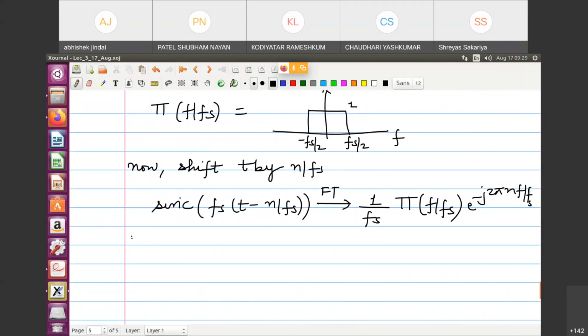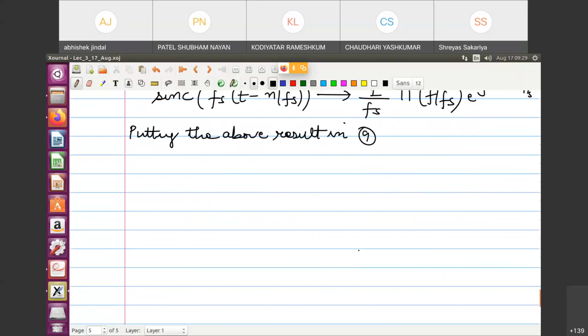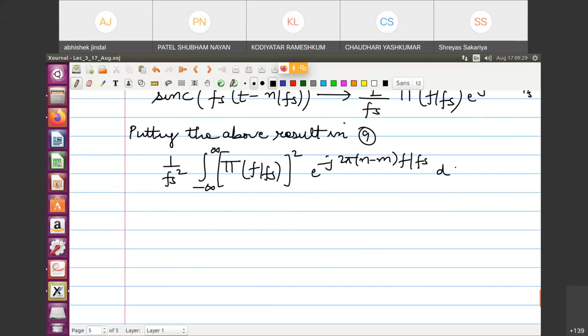Putting the above result in 9: 1 upon fs square, integration from minus infinity to infinity of rect of f by fs whole square, e raised to power minus j 2 pi (n minus m) f by fs, df.